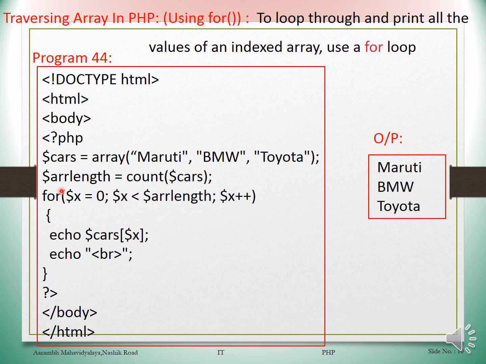Now we have used one more variable, array length equal to count of cars. That means whatever the number of elements, it may be 1, 2, 3, 4, 5, its total count will be stored here and it will be transferred to the variable array length.